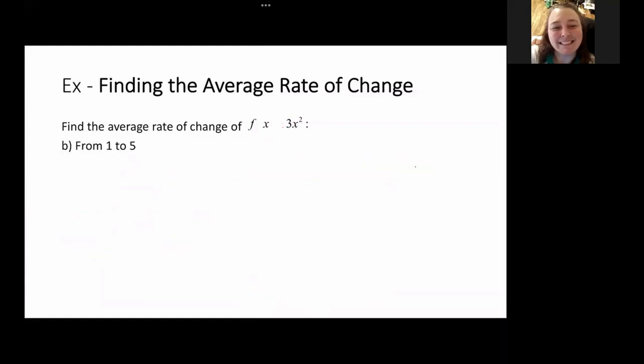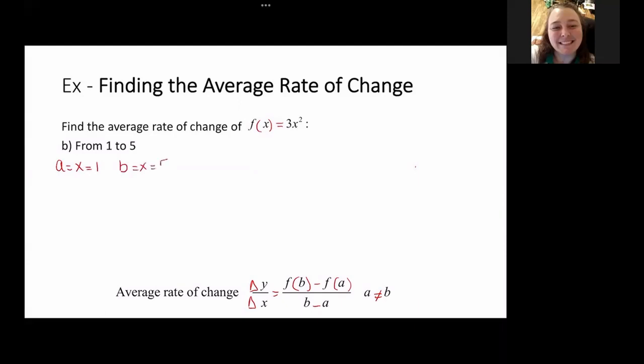Another example: f of x equals 3x squared from 1 to 5. And remember, delta y over delta x equals f of b minus f of a over b minus a. a cannot equal b. a is going to be x equals 1. b is going to be x equals 5. f of a equals 3 times 1 squared, which is just going to be 3.